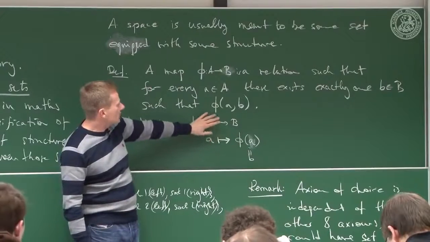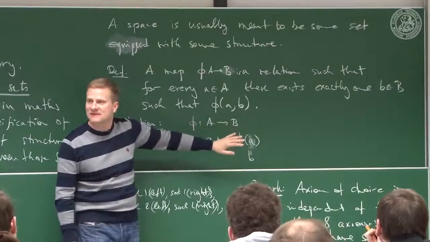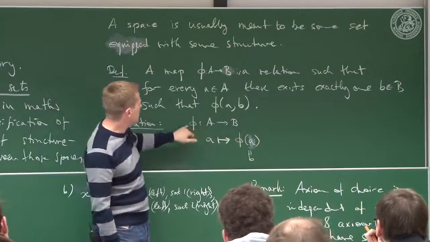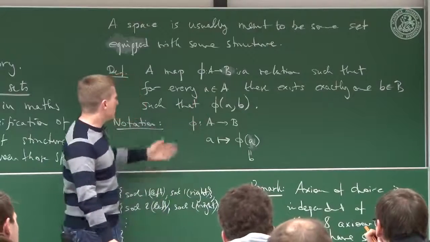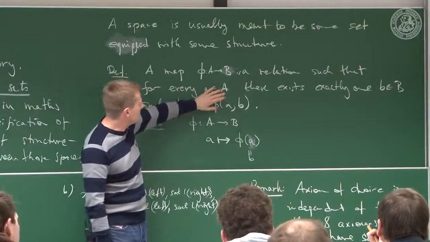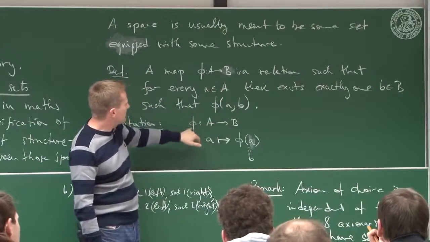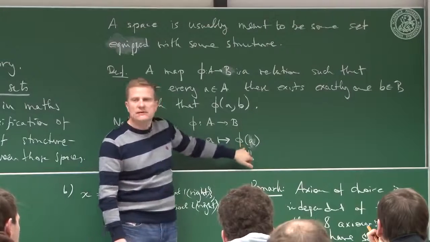But structurally speaking, well, I don't know whether it's important, but it's at least structurally correct to keep in mind that a map is actually a relation. If you don't look at a map as a relation, then you get into trouble because you have to say, well, a map is such that to every a there is assigned a unique b.